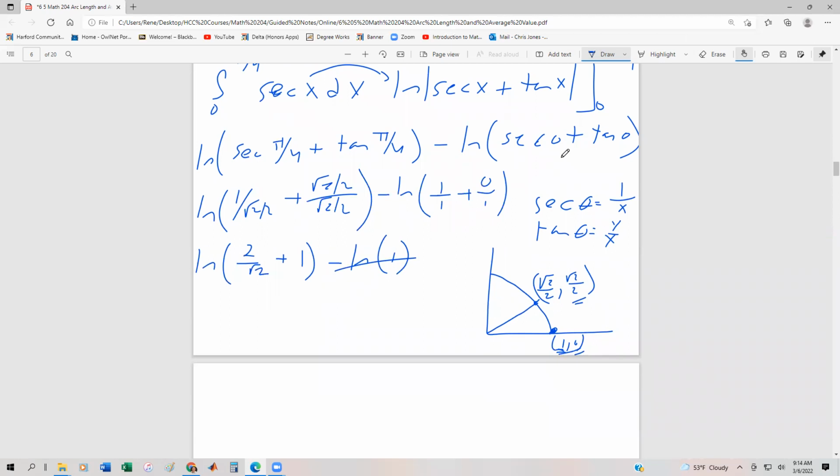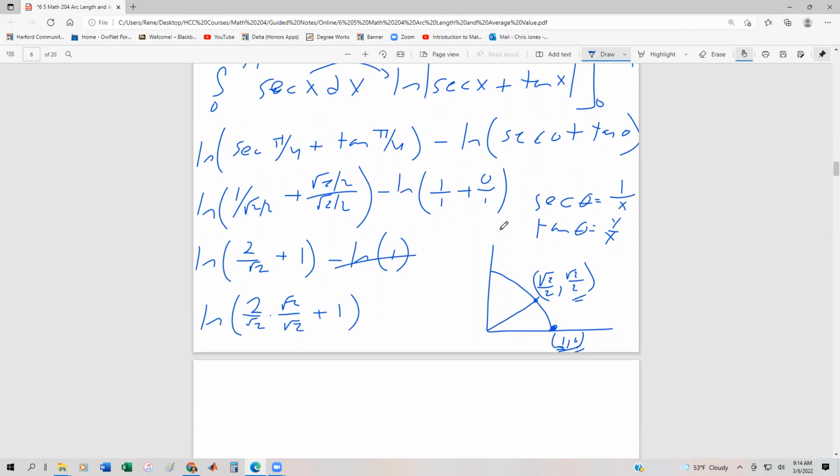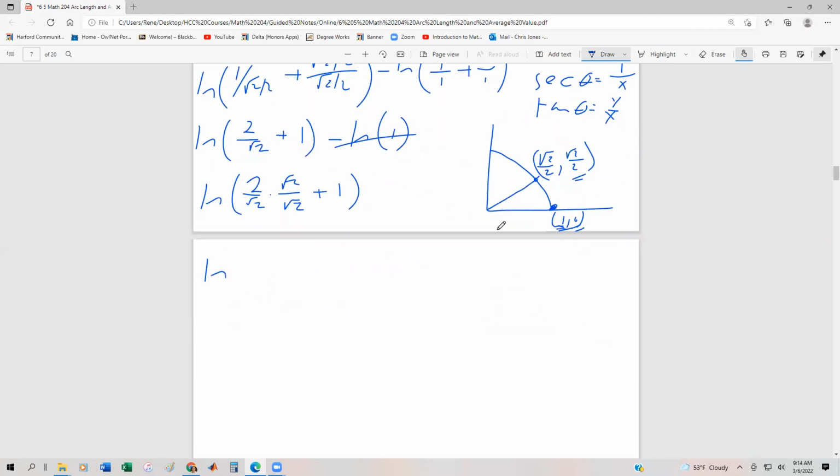If we wanted to rationalize or get a common denominator, we could. So I'm just going to say natural log of 2 over root 2 plus 1. If you want to rationalize, remember you can do that. And so one final way to write this: natural log of 2 root 2 over 2 plus 1, which is the same thing as natural log of root 2 plus 1.